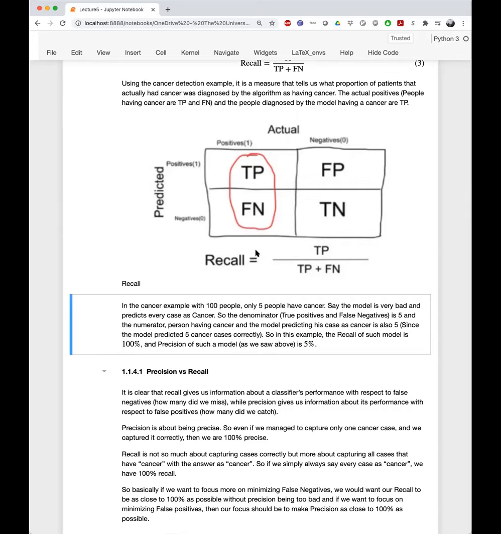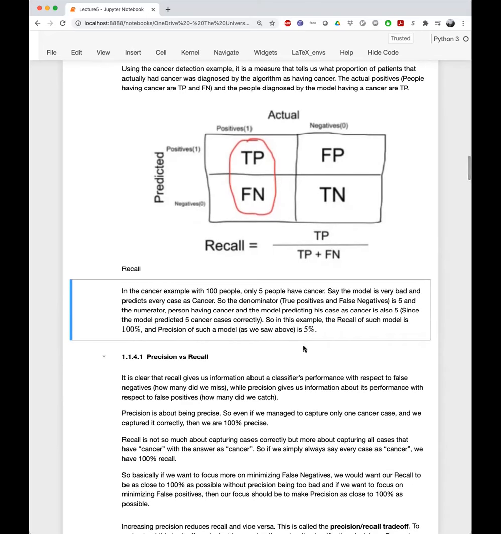So when you are trying to get a model with a high recall, you still need to have relatively high precision. It cannot be, for example, 5%. Same thing for the other case. When you want to increase precision, you still need to make sure the recall is not significantly low.